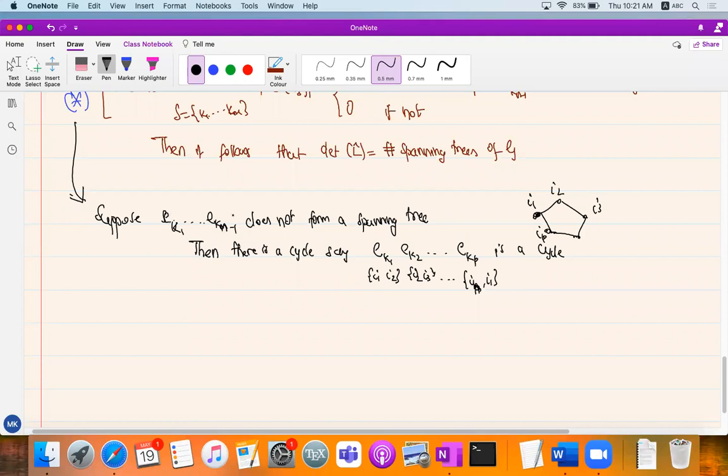If it is n minus 1 edges, then either it's not spanning, or it always has to form a cycle. You have taken n vertices and n minus 1 edges. It is a good point you're asking, I kind of skimmed over it. It's not a complicated point, but we have taken n minus 1 edges, so there has to be a cycle if it's not a spanning tree. There is no other way.